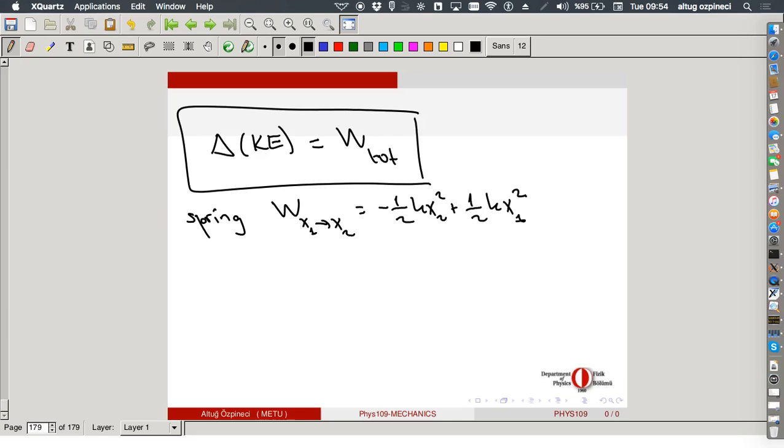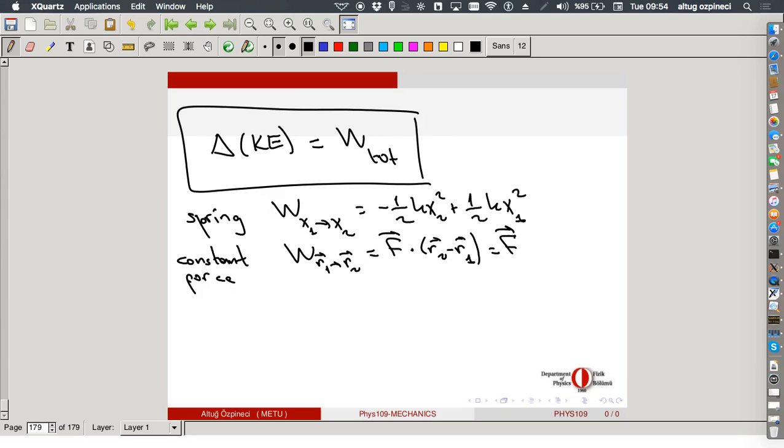This was always true, independent of how you go from x1 to x2. We had also seen that for a constant force, the work done as you go from the point R1 to the point R2 is equal to F scalar product with delta R, which is R2 minus R1.